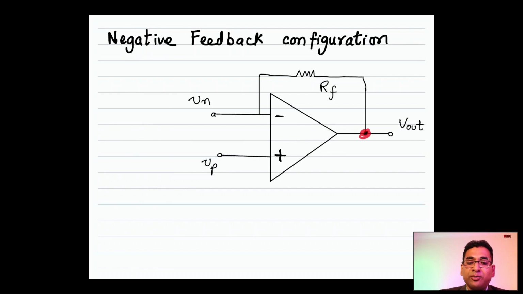Okay, the output, we are feeding it back into the negative terminal of the operational amplifier. We are going to look at more and more applications of this. As a matter of fact, you can have an inverting amplifier, a summing amplifier, a difference amplifier, a bunch of different configurations and applications can be constructed out of this negative feedback configuration.